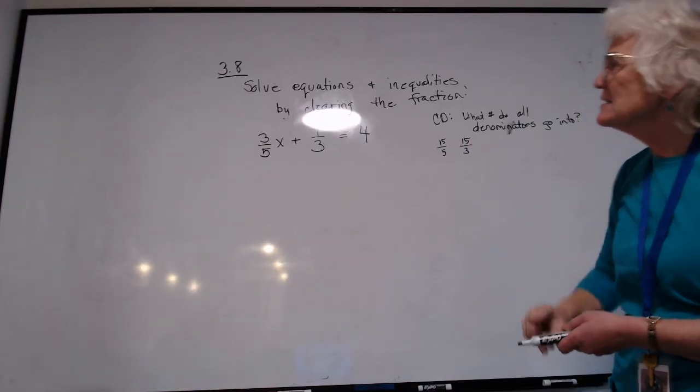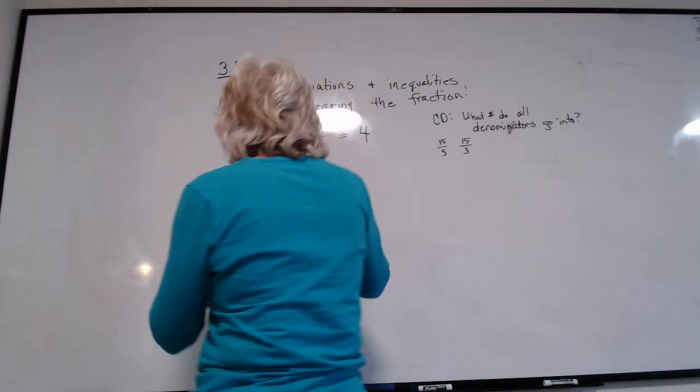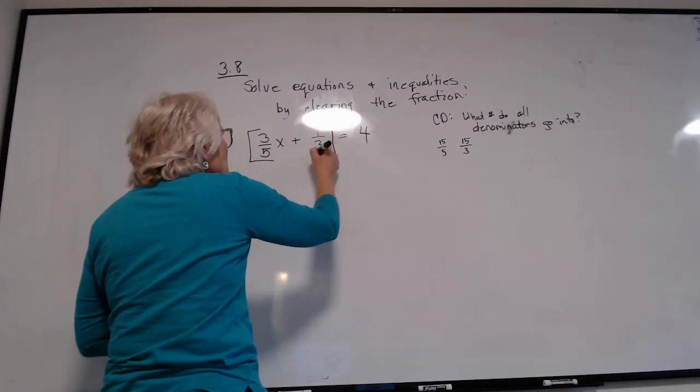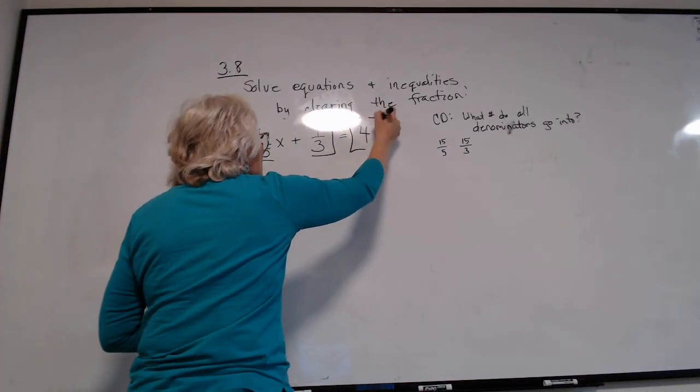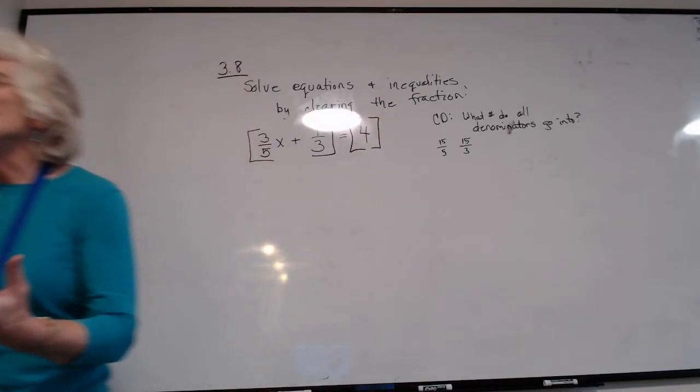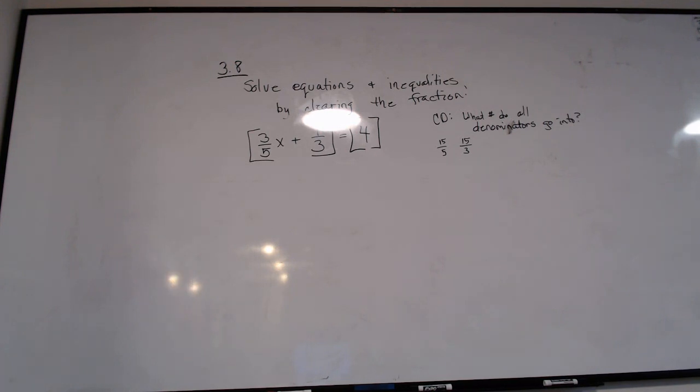So what happens is, as long as we do the same thing on both sides of the equation, the equations are equivalent. Remember, we've been doing this all along. We divide by a certain number, but we do it on both sides. We multiply by a certain number, but we do it on both sides. Okay?